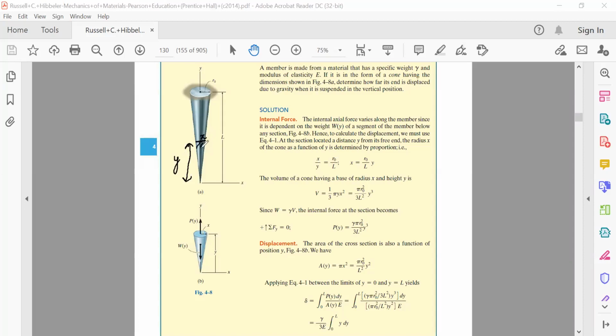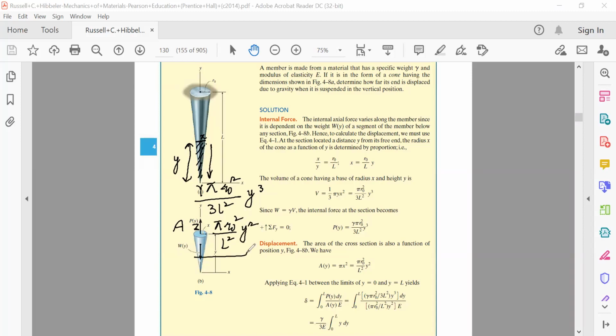We say the force created by this section is equal to the weight of this section, and it is equal to gamma into pi into r naught square divided by 3l square into y cube. This is the force exerted, and the area of the section where we are taking this load is pi r naught square by L square into y square. This is the area of this section.